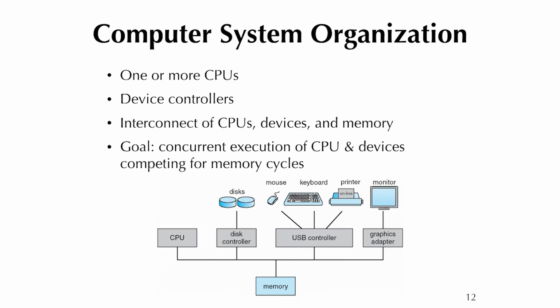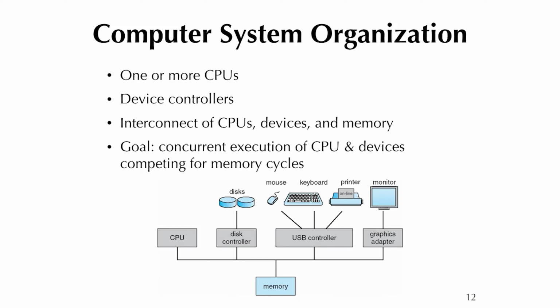Okay, and there's interconnect of CPUs, devices, and memory on what's called a system bus. So the horizontal line that goes to the memory, CPU, disk controller, USB controller, graphic adapter, that's the system bus. And the bus may have hierarchy, so you can have tiers of buses. Slower devices may be isolated, and then the higher speed things may be on a different bus.